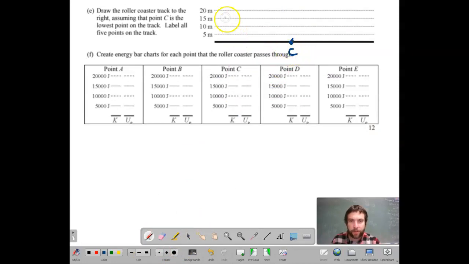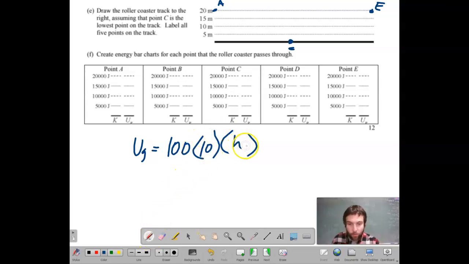There's our point C. Point A is up at the top, and point E is also going to be up at the top. We know that point B went 50 meters, looking at that graph. To figure out where point B went, we're going to use UG equals mgh, with mass 100, times g, 10, times h. Whatever h is, that's what we're going to figure out.